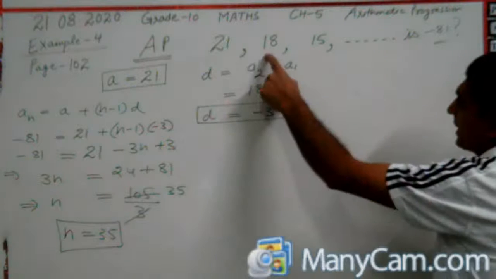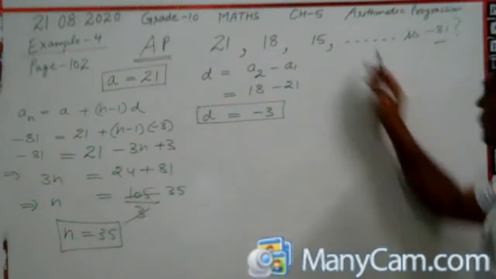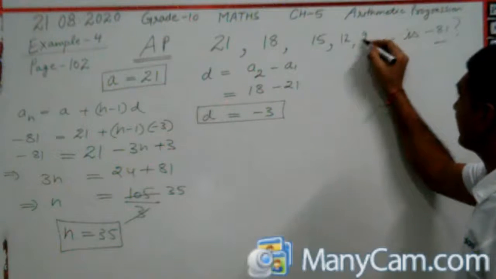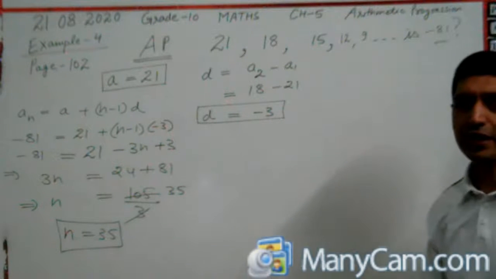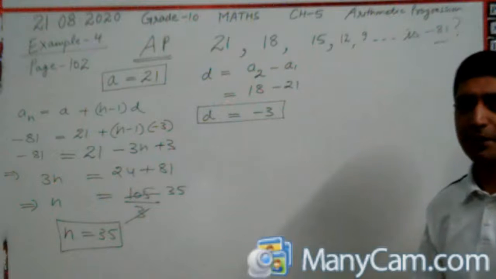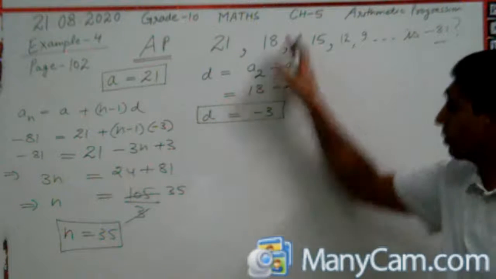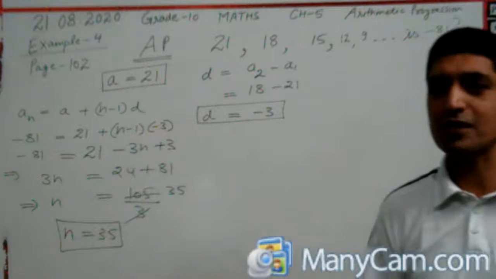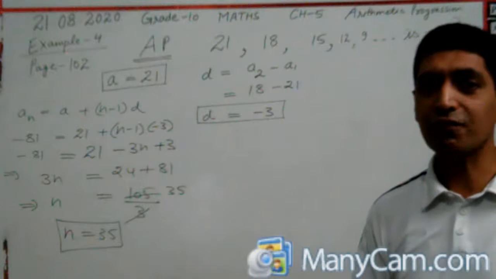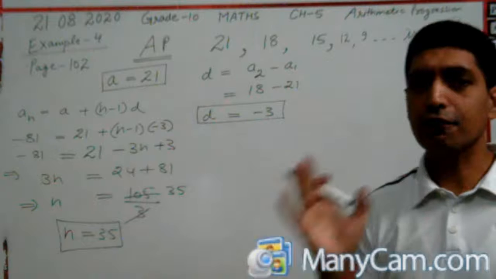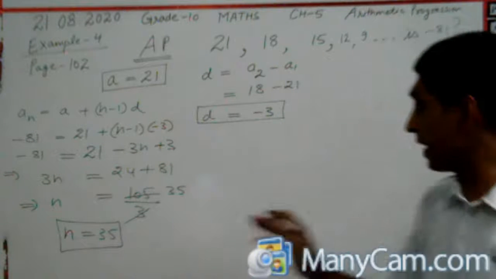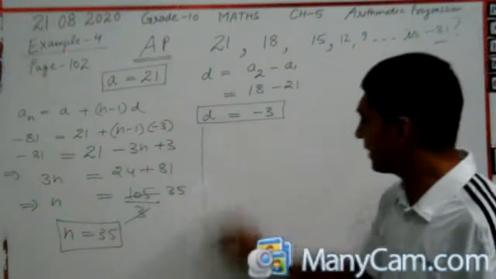First term, second term, third term, fourth term will be like 12, then 9, 6, 3, even 0 is also coming. But we will not do it in this way. If you do it this way, you will get 0 marks for the question. We have to apply the formula always. Keep this in your mind. So this is the first part.